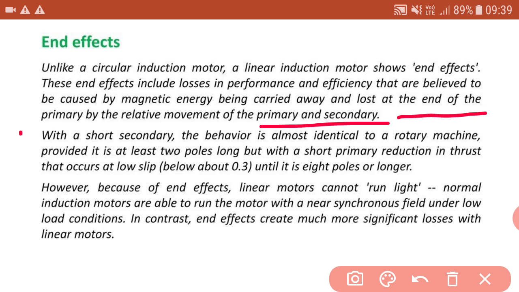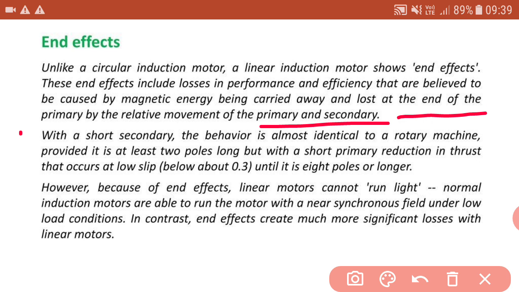There is a relative movement between primary and secondary, and due to this there is some loss of energy, and this type of effect is known as end effects.